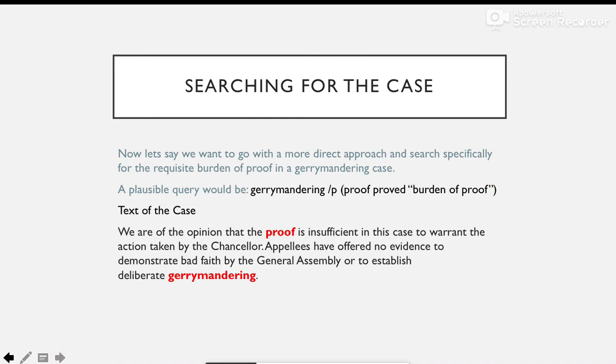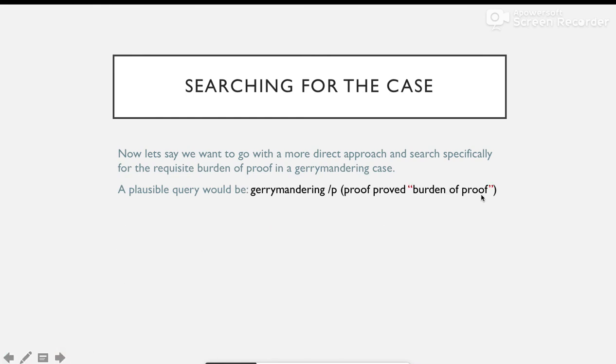Now, why did I choose this? We already have proof. So realistically, something that had burden of proof would have already been generated, because the word proof is here. So why did I do this? This is really more utilitarian, because when something pops up that has a burden of proof in it, because we've put the phrase in quotation marks, we are going to be able to pick out that specific phrase because it's going to be highlighted when we pull up the search.